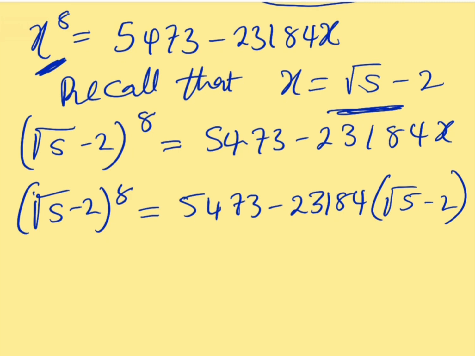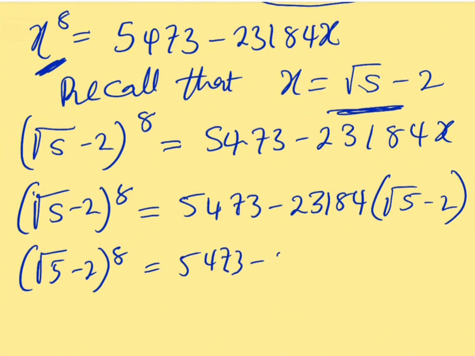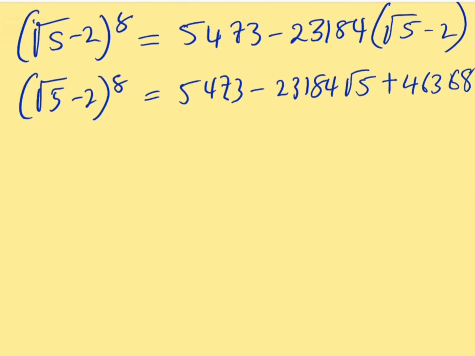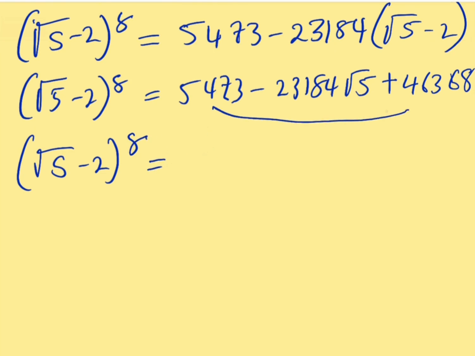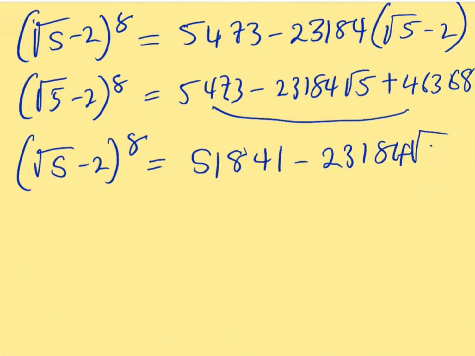Then this will give us that square root of 5 minus 2 to the power of 8 becomes 5473 minus 23184 root 5, then plus, when you times by 2 you get 46368. Then from here you can find out that square root of 5 minus 2 all to the power of 8 is equal to, when you add these together, you will get 51,841, then minus 23184 root 5.